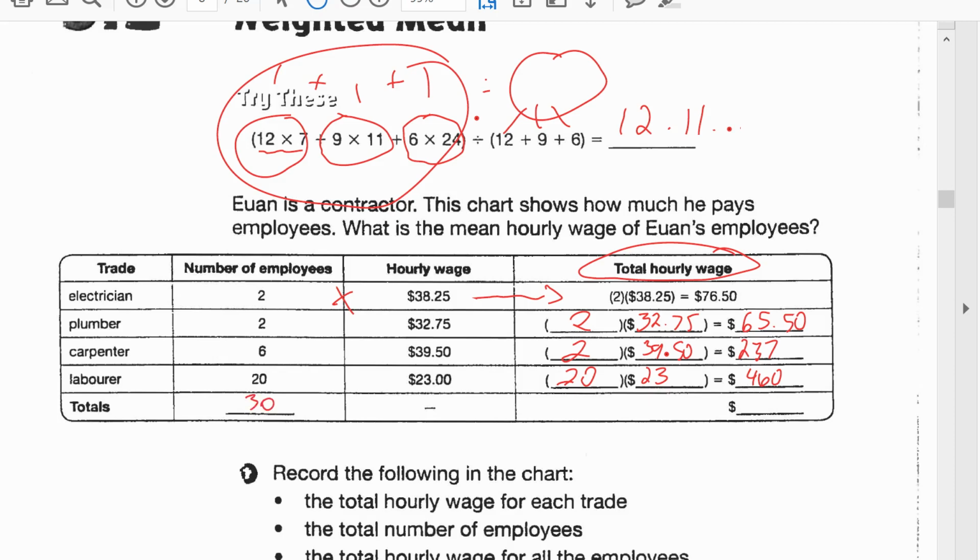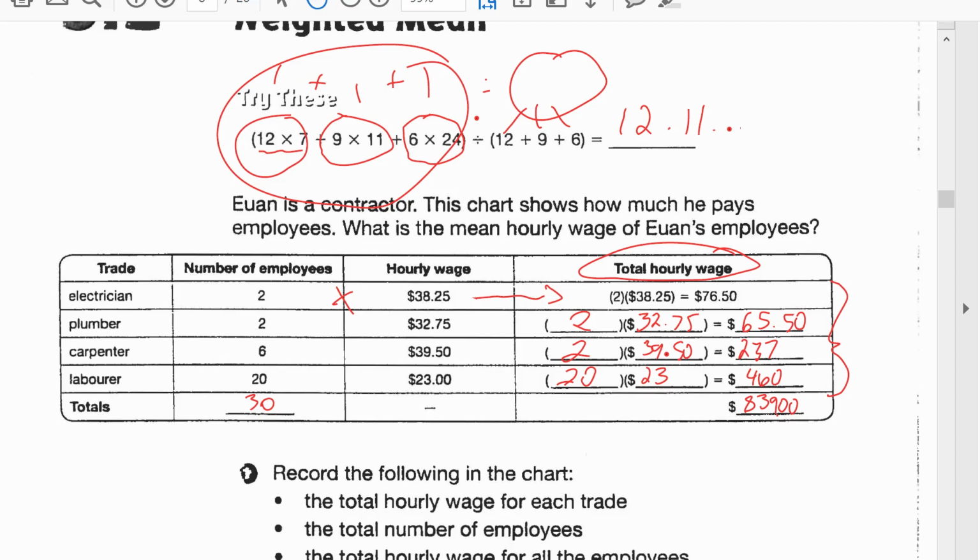He's got 30 total employees, and he pays them all $839. So because we add from here to here, we add them all.